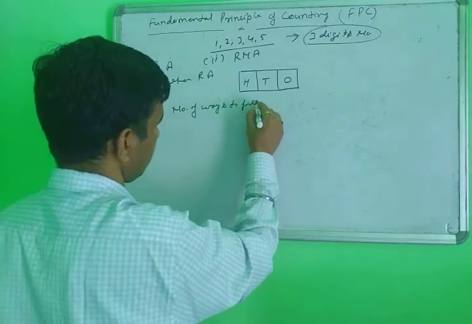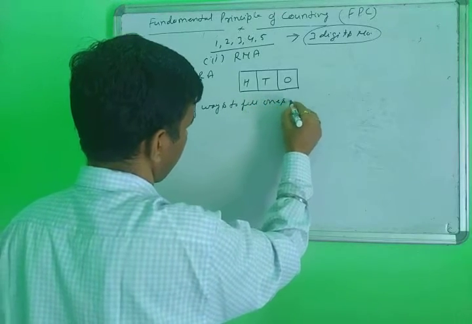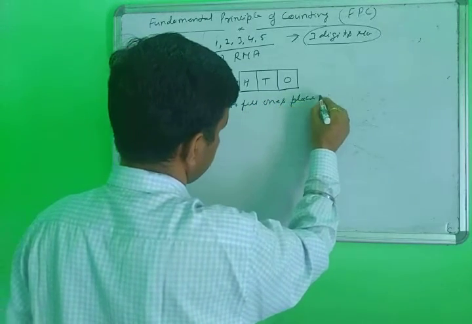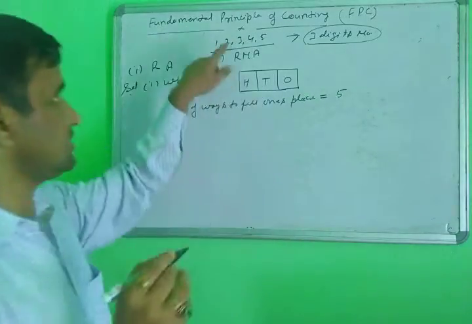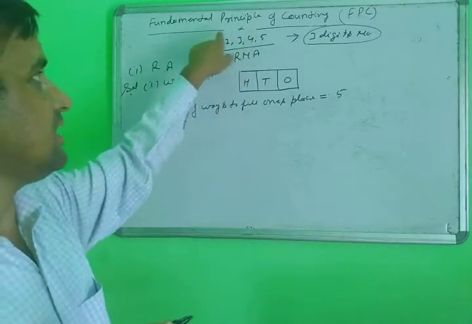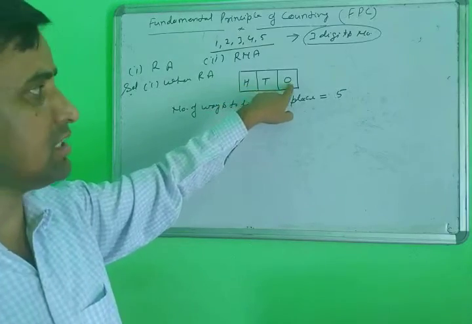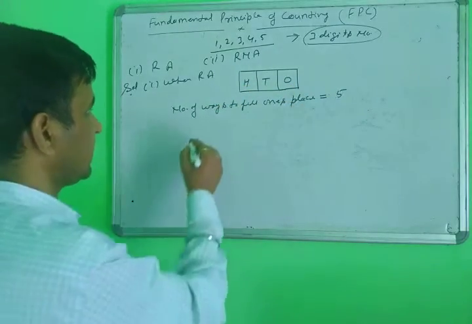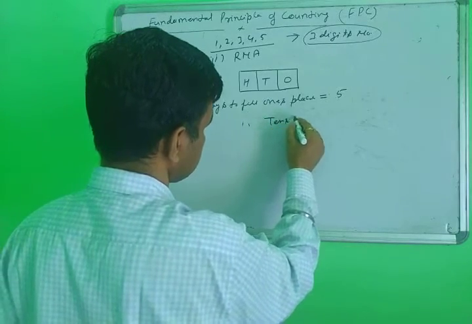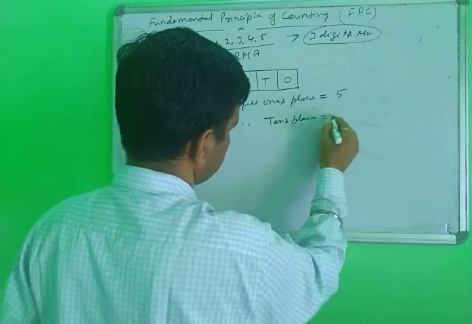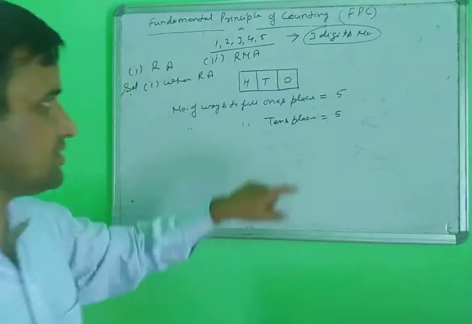The number of ways to fill the ones place is 5, because you have 5 digits, so you can fill any digit here. The number of ways to fill the tens place is also 5, because repetition is allowed.